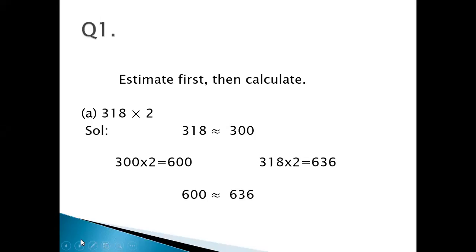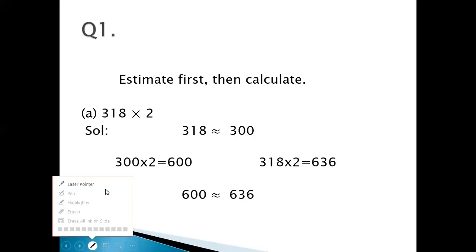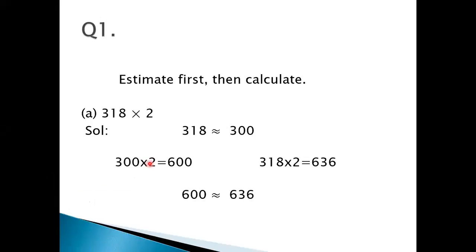You can see here, 1 is the number at the tens place. If we want to round off to the nearest hundreds, we look at the tens place number. If it is 1, 2, 3 or 4, the number will be rounded off to 300.